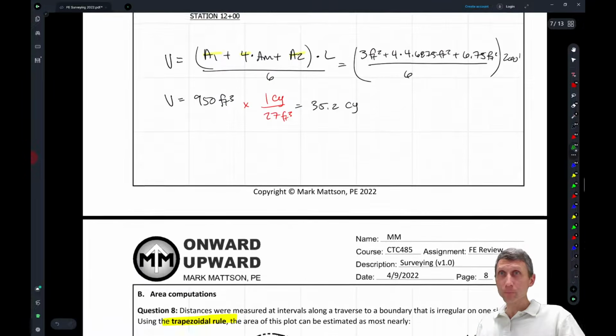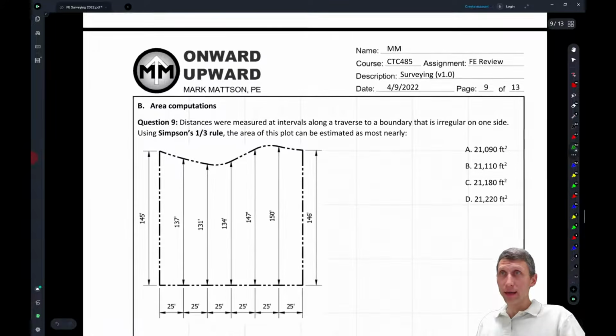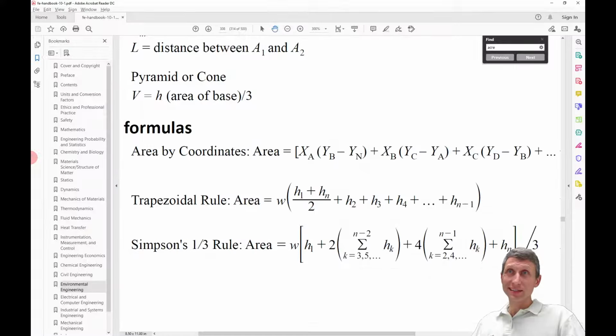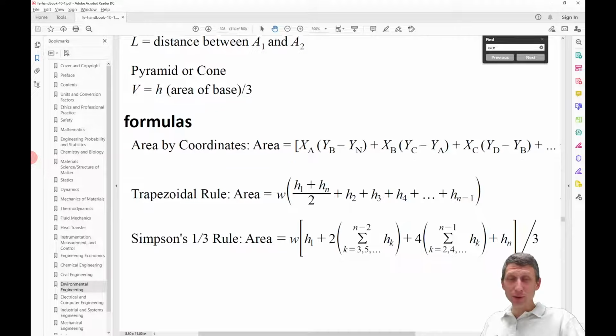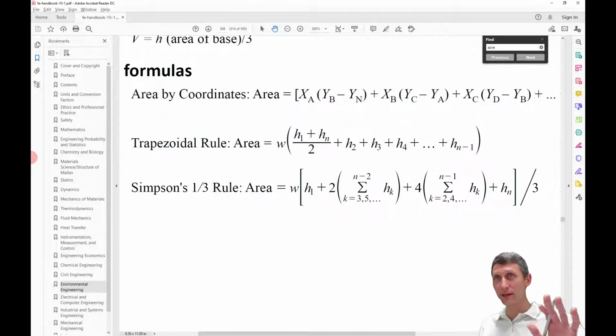Okay, so let's keep going and go to Simpson's 1/3 rule. It's a similar rule, but this just looks more complicated. It is a little bit more complicated. Actually, it's derived from a calculus-based approach, creating curves and integrating them.